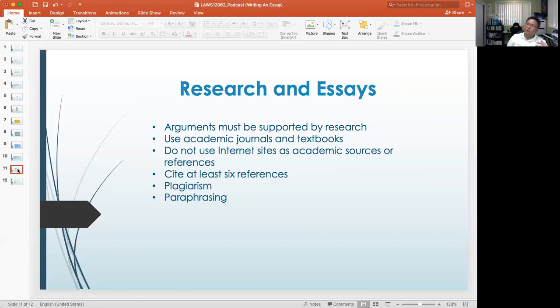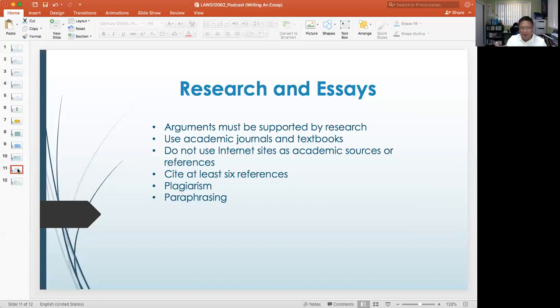Now, the crucial point as well is that if an essay comprises mainly of quotes, meaning what the student has done, and I've seen this happen many times, is to just plug in quote after quote in a body paragraph in order to write an essay, you begin to wonder, what is the original contribution of the student?